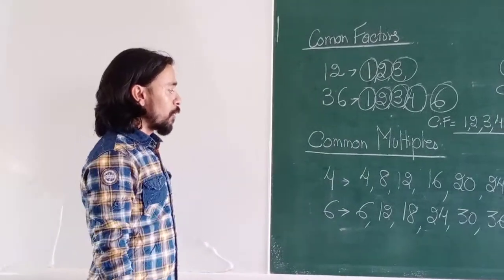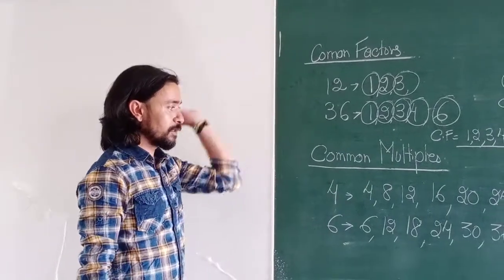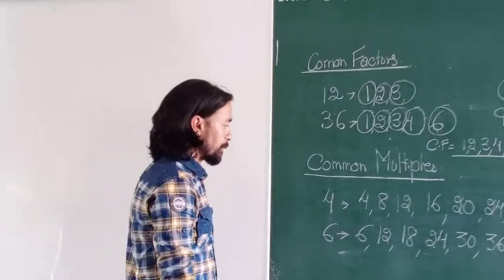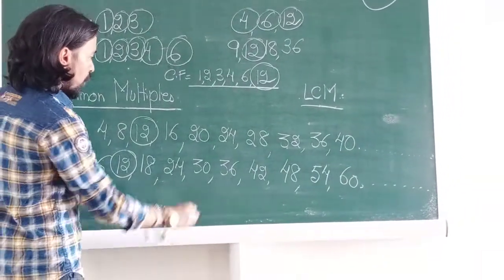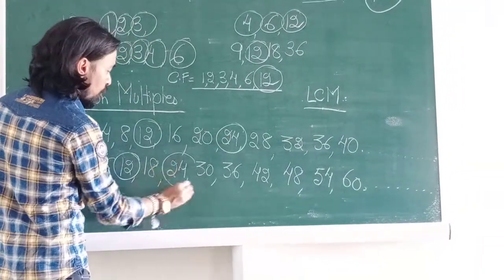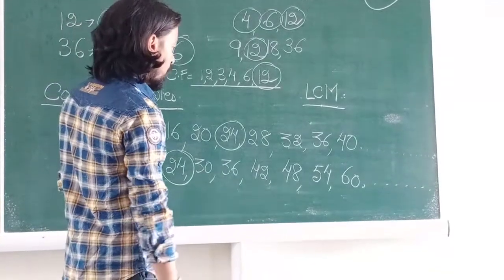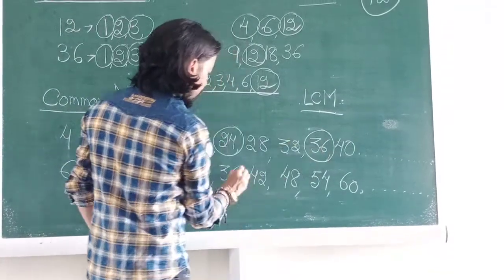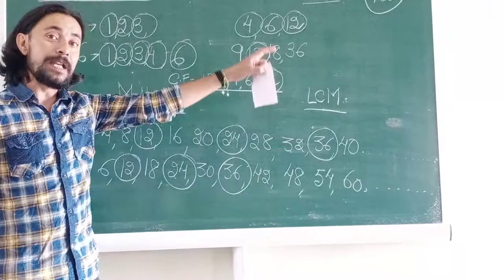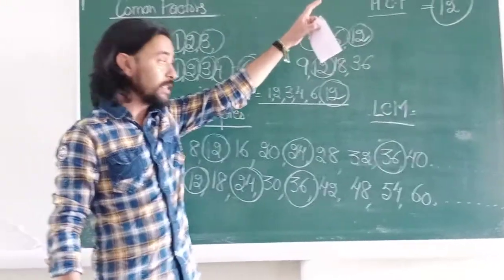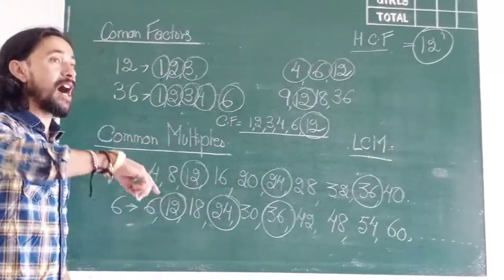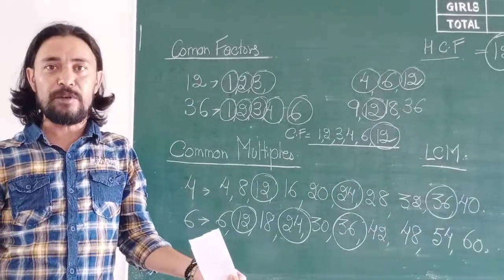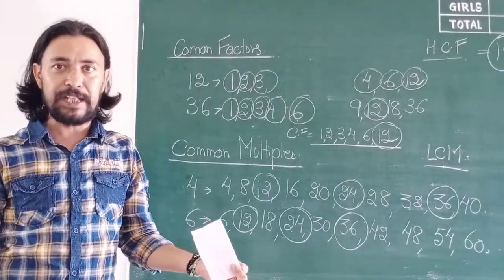They go on and on forever and ever. Now, if I'm talking about the common multiples of two numbers, I've taken out the multiples. Now let's see which ones are common. The first one that is common is 12. The next one that is common is 24. The next one that is common is 36. And there can be many more common multiples between them further on. That is why we don't have highest common multiple, because multiples never have an end.